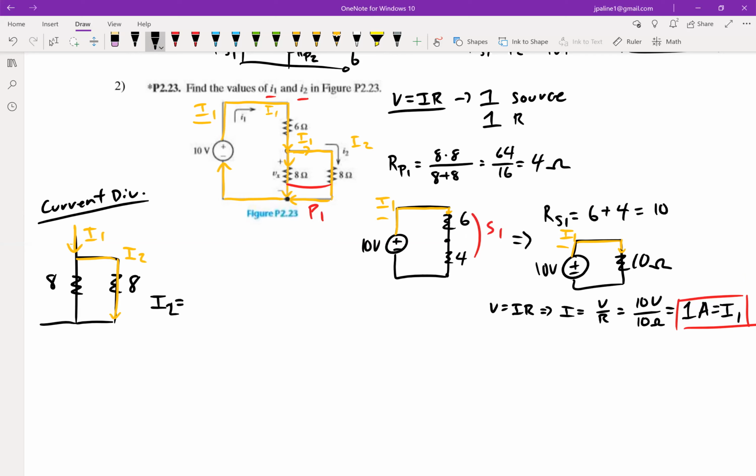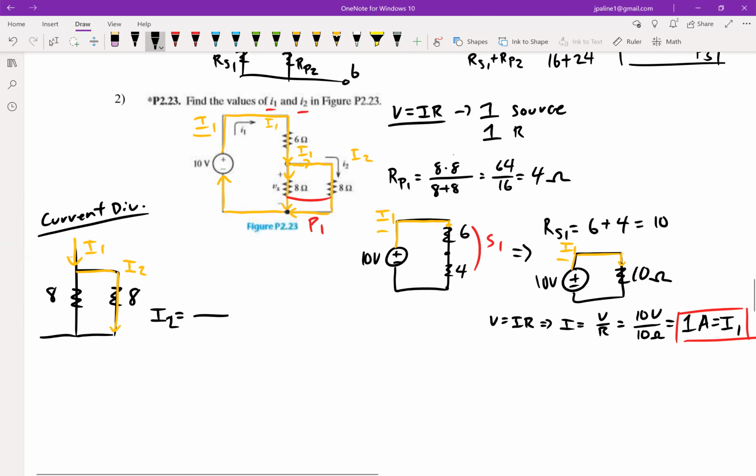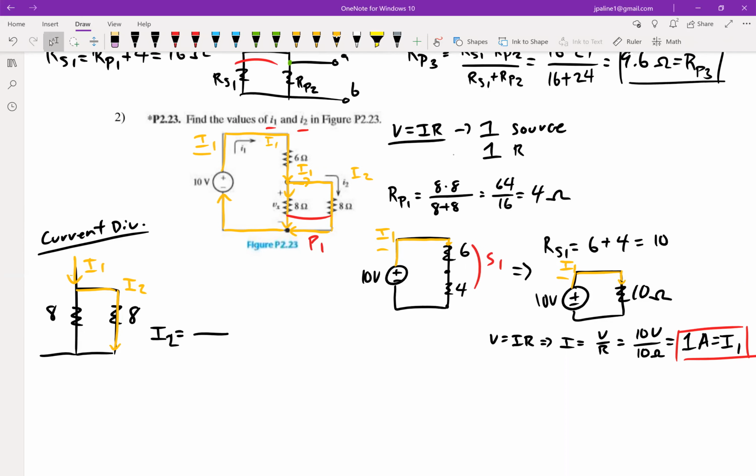Okay. So like we said, R parallel is going to equal our R equivalent. Just trying to keep the equations consistent.